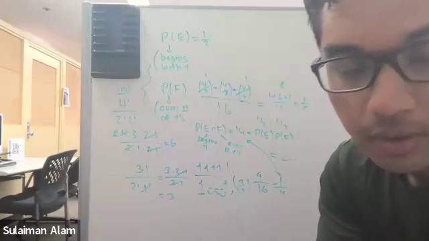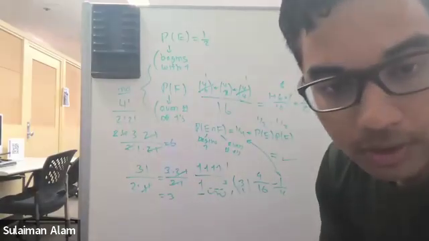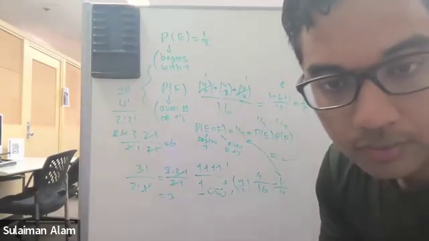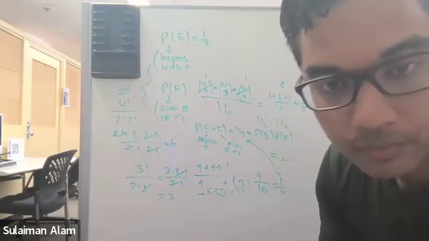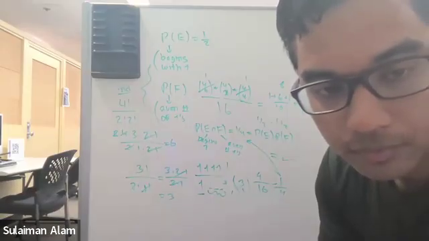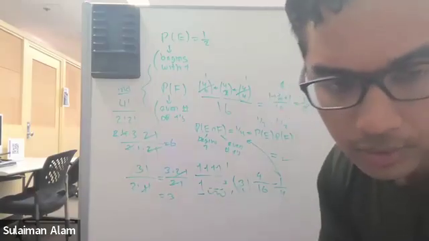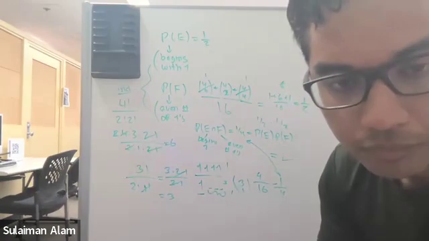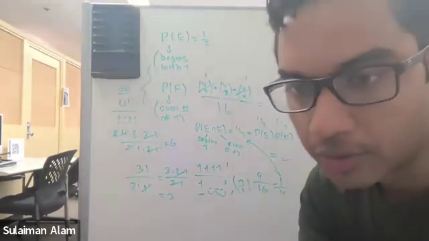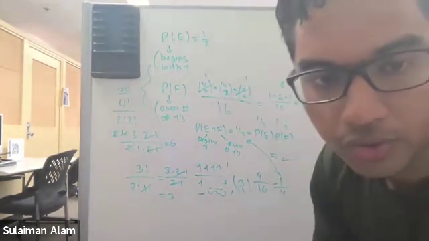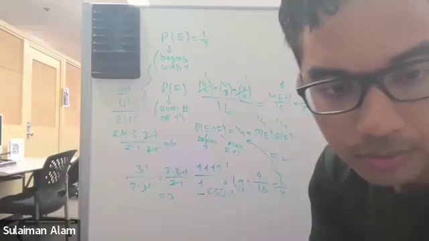Instead of X, you have deviation. Oh, yeah, that's just the same thing. It's the same formula, but I think they just switched it up.